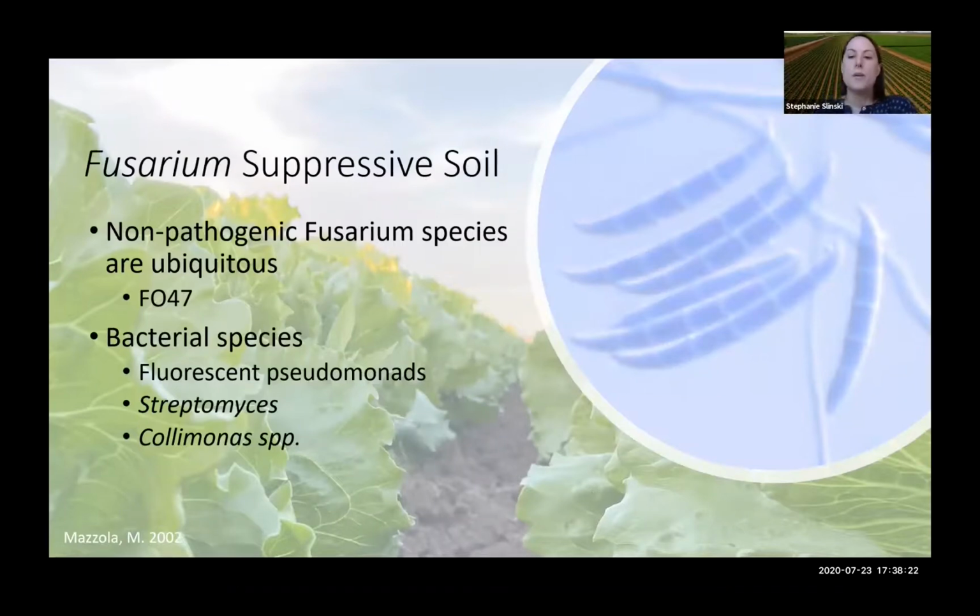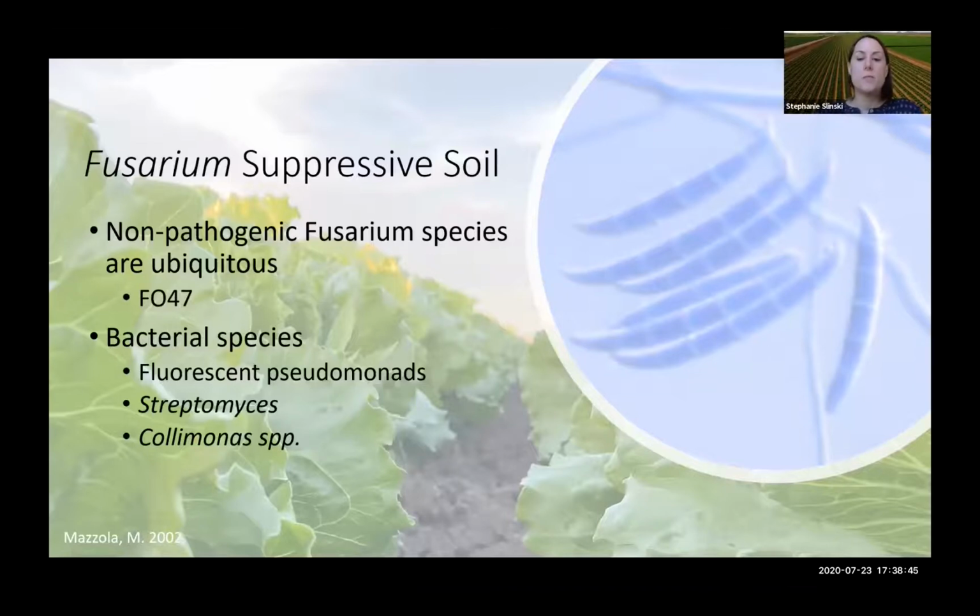As an example, there's some soils that have been identified as suppressive to Fusarium. And there's several organisms that have been found to be responsible for this suppression. One organism that's been found to be effective is a generally non-pathogenic Fusarium species.